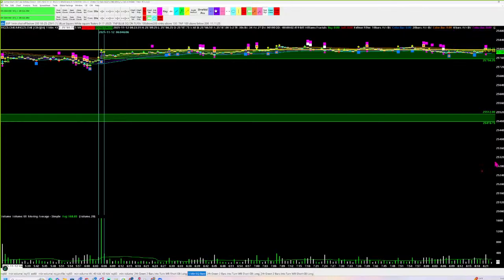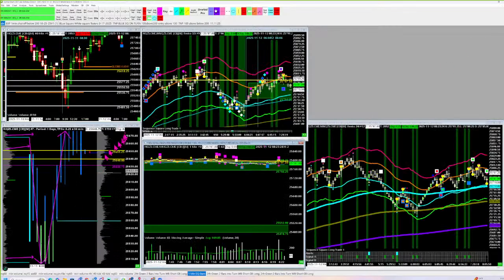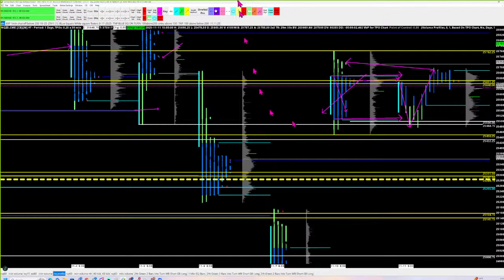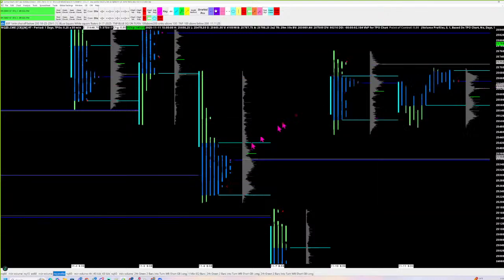Next, go to the profile, just so we're oriented on the profile. The high and the low from the 10th are the highs and the lows that matter. You'll see that we're currently trading 788.